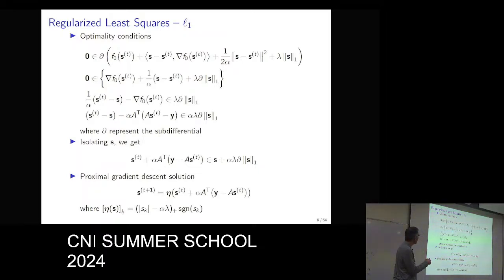So you're going to have optimality if 0 belongs to your subdifferential, just like we did over here. And then you can move from the top line to the second line by replacing. So this term is going to vanish. This term is going to come out.